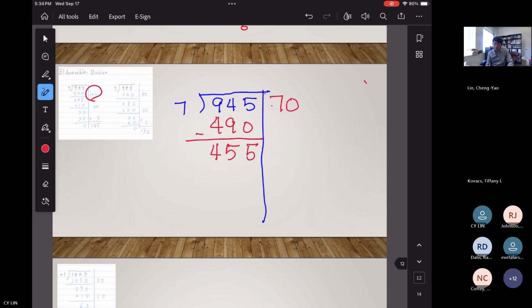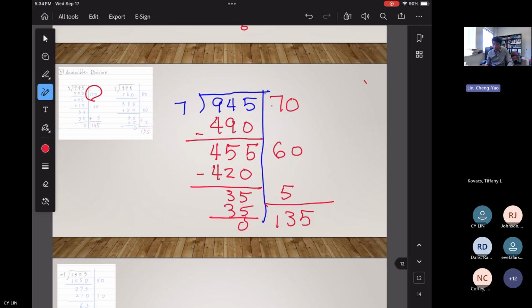Yes. And if I times 60, it's closer to this number, right? Then I got 420, subtract this, I still get 35 here. So 5 times 7 is 35, is 0. So added up the total, again, 135. Is that right? Yes.